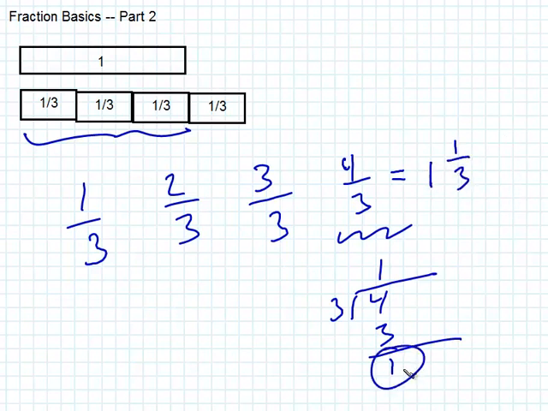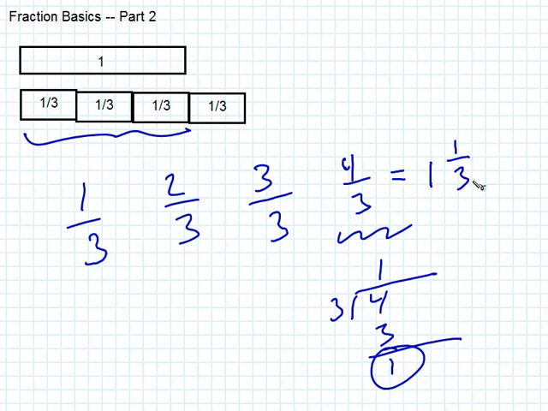So this is how many thirds are left over after I've done the division. So I have 4 things. I say, how many 3's are there in here? Oh, there's only 1 3, and then there's 1/3 left over. So it comes out 1 whole plus 1/3. Okay.